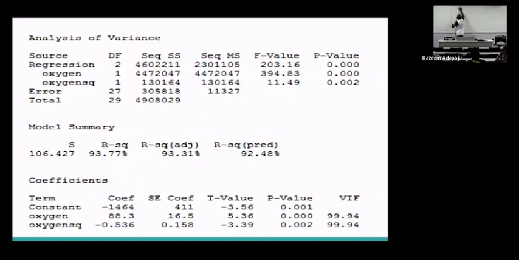Now, if you want to get a VIF after running your model, you remember the other time, in a multiple linear regression, how do I check if there's a problem of multicollinearity?